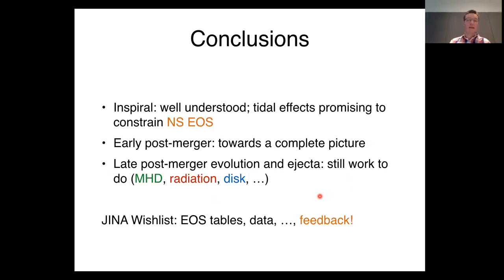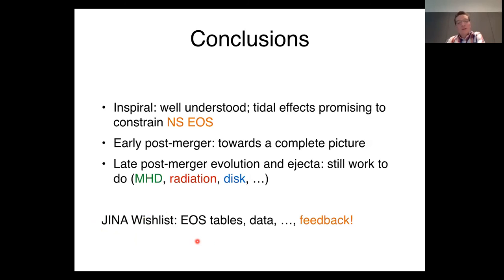any simulation. And I didn't talk about it, but another important aspect is that after the dynamical ejecta is launched, there is going to be a secular ejection of matter from the remnant accretion disk, which also needs to be included self-consistently. Finally, I was asked to include a wish list, if you want, of things that would be helpful to have from other people in the JINA collaboration.